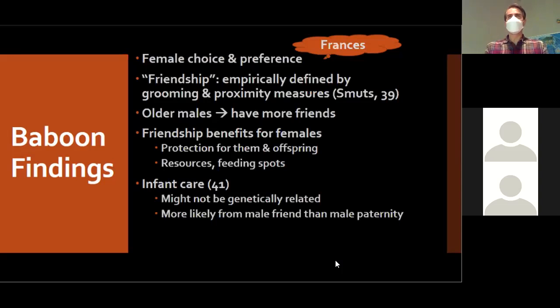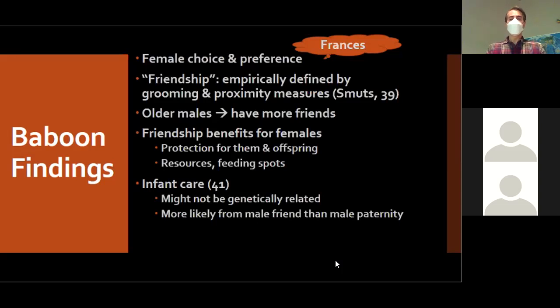And what Smuts discovers is that the male friends are more likely to give infant care than if it is simply male paternity. And that this can happen even if there is no known genetic relationship.